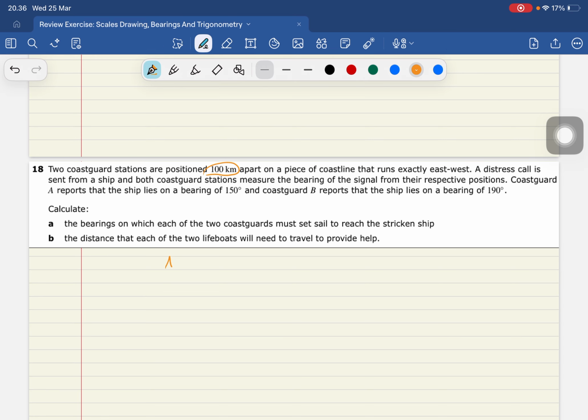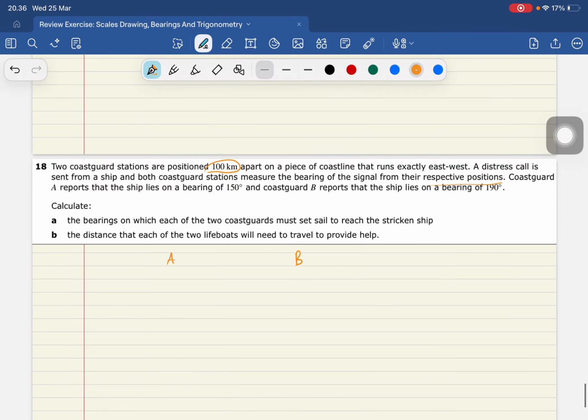So let's make this A, and here is B. A distress call is sent from a ship, and both Coast Guard stations measured the bearing of the signal from their respective positions. Coast Guard A reports that the ship lies on the bearing of 150. Okay, 150. So make it to the north. You need a protractor. So here is 150. Let's say this is 150 degrees.